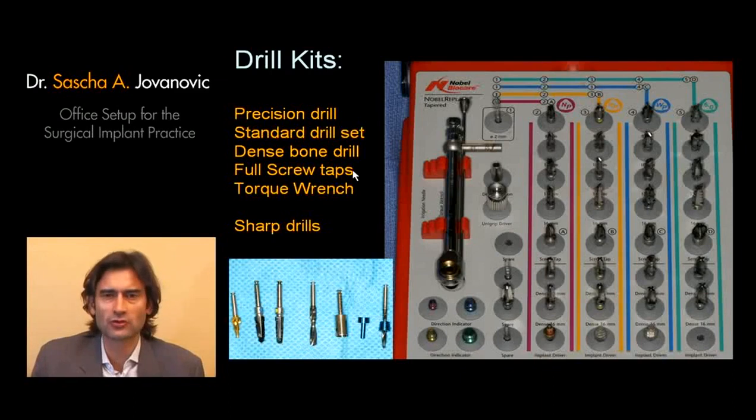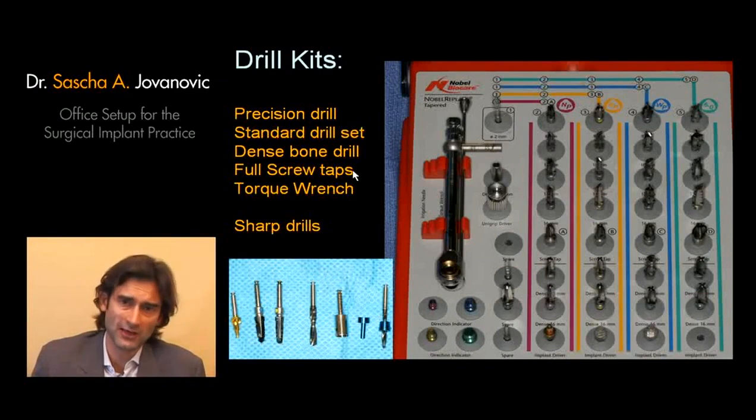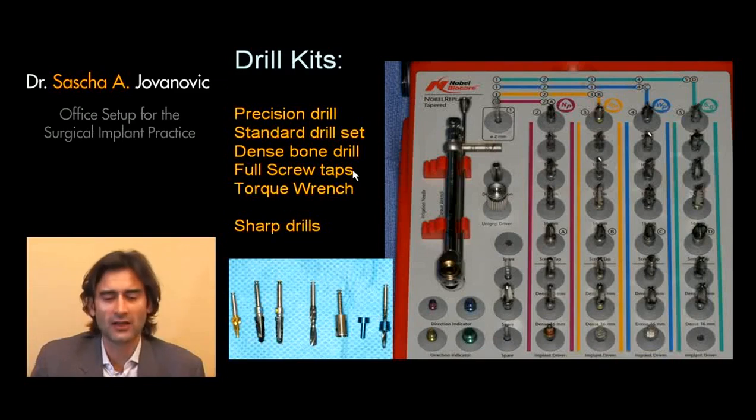I use the full screw tap sometimes up to 100% of the length of the implant, and sometimes only 50%. So it all depends how I use the screw tap. Sometimes it's only the top part which I tap, and the bottom part does not get tapped at all. So it all depends on the bone quality and the bone site.